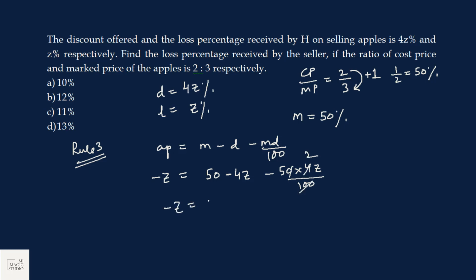So minus Z equals 50 minus 6Z. If I take 6Z here, I'll get 5Z equals 50, or Z equals 10. The loss percentage received by the seller is 10%. Option A is the pick.